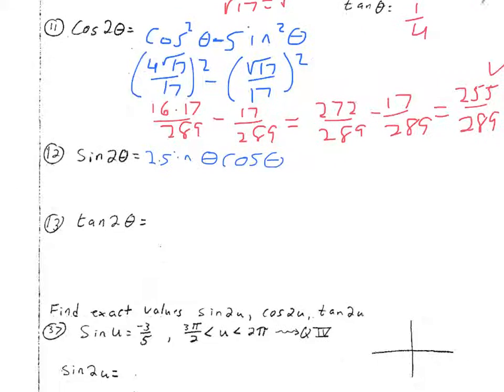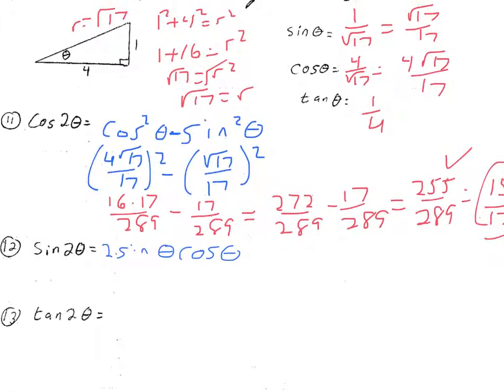We go back up and we plug in our values. You can see that the sine value is square root of 17 over 17. I'm going to have 2 times the square root of 17 over 17. The cosine answer, plugging that one in, we're going to have 4 square roots of 17 over 17.